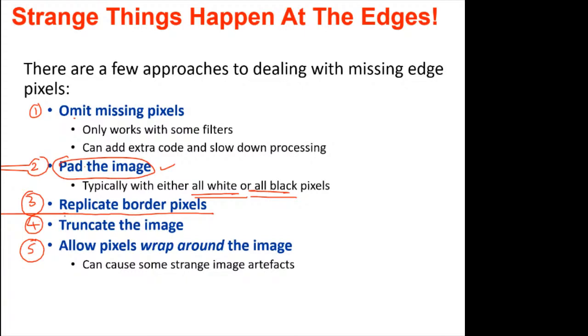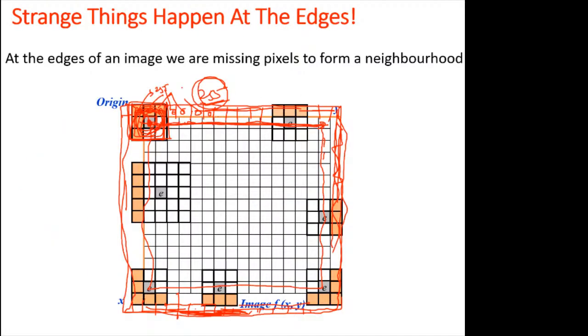Then there is truncation of the image. And when you say truncate the image, that means again it is the same type of thing. Okay, border pixels have not been assigned any value. Don't worry.